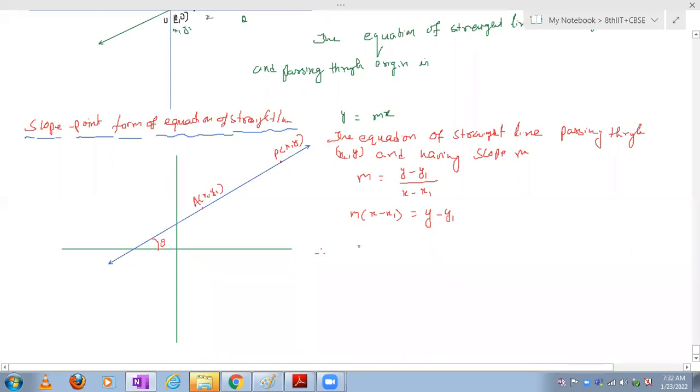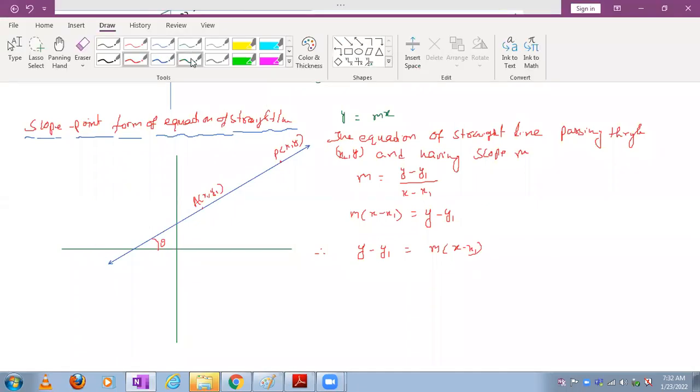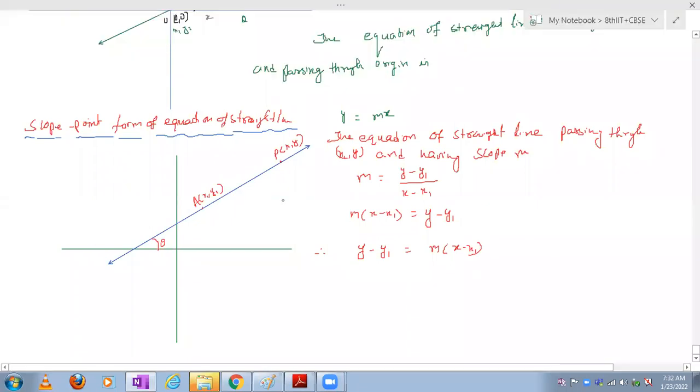Therefore, the equation of straight line is y minus y1 is equal to m into x minus x1. Got it? Yes, sir. This is the equation of straight line having slope m and passing through the point x1, y1.